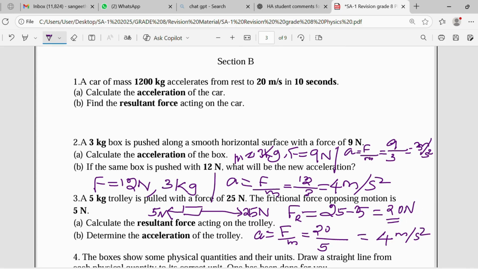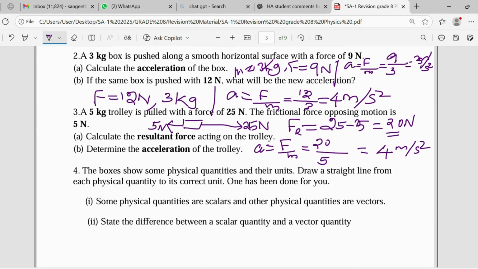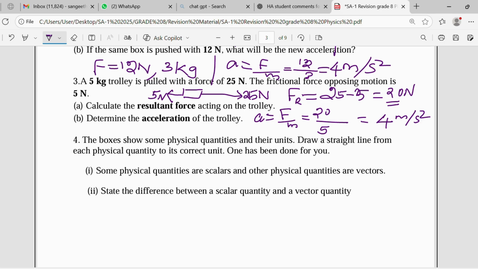All right. Now, coming to the next question. The boxes show some physical quantities and their units. Draw a straight line from each physical quantity to its correct unit. One has been done for you. So let's see.